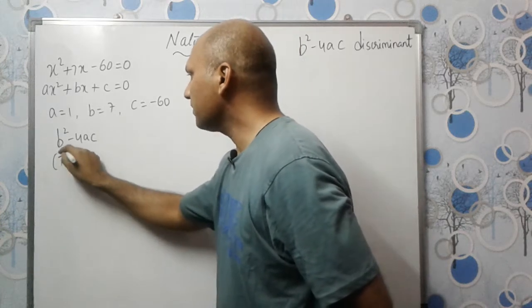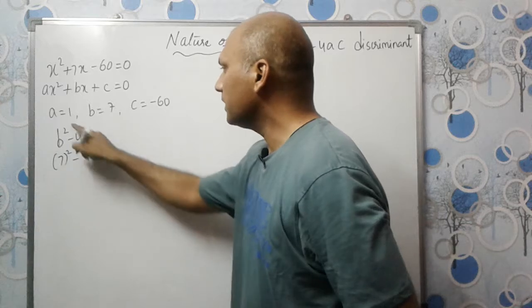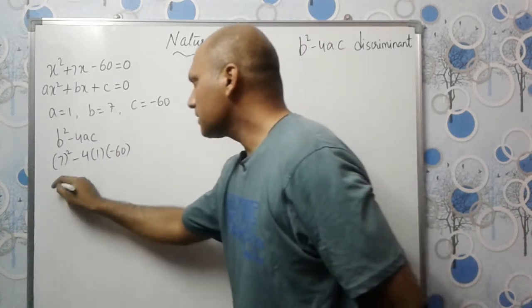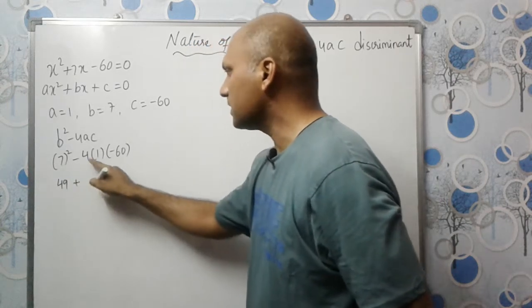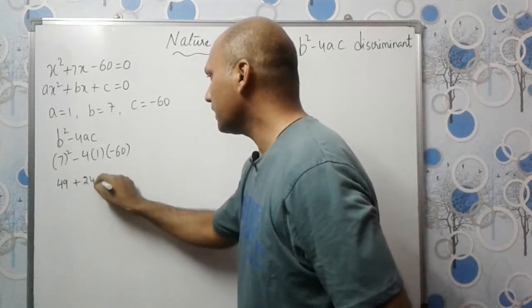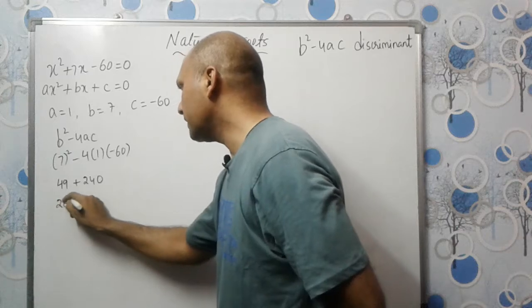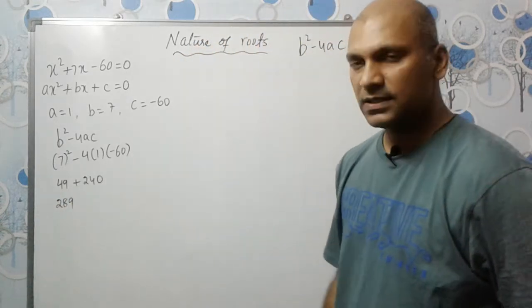So b is 7, so this b square will be 7 square. 4 into a is 1, c is minus 60. 7 square is 49, minus into minus is plus, 4 ones is 4. 4 6 24, right? So this will be 240. So this will be 289. Is 289 greater than 0 or is equal to 0 or less than 0?